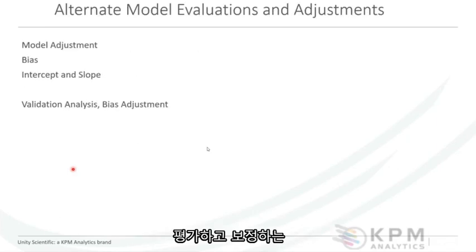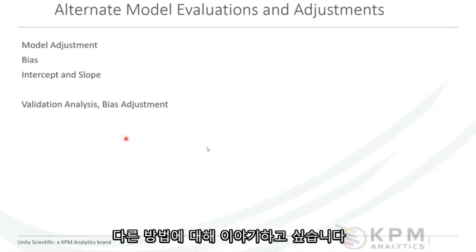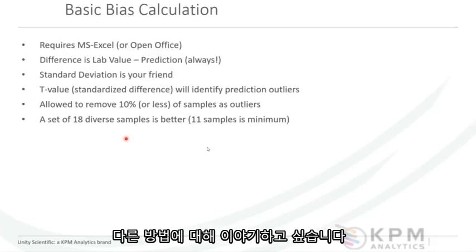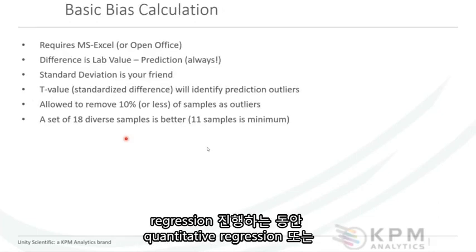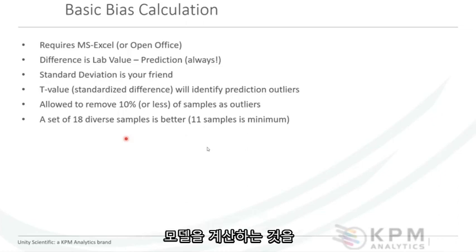So first, different ways of evaluating models and adjustments. I just want to talk about another way that you might do your validations or evaluate your calibrations. If you remember, during calculate quantitative regressions or models, we talked about the monitor program and predict, where you brought in a spectrophile, an SVF, and a PRD, and we did the immediate evaluations.